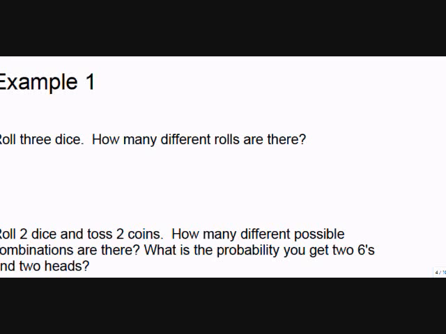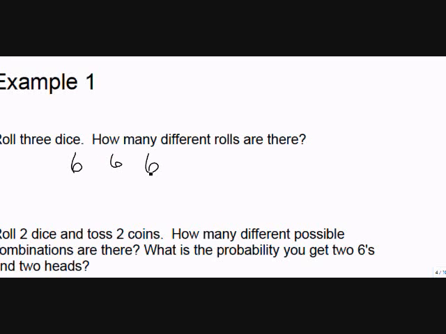Okay. All right. So let's apply this to some probability problems. We're going to roll 3 dice. How many different outcomes are there on one die? And how many outcomes are on the second die? And the third?